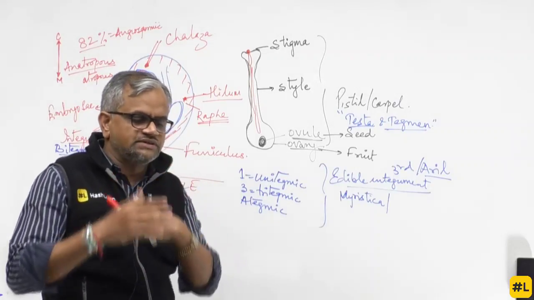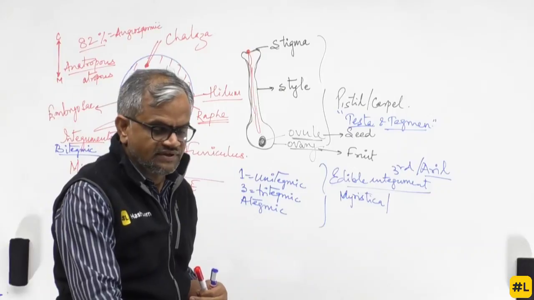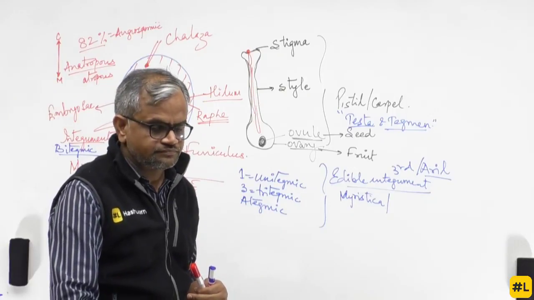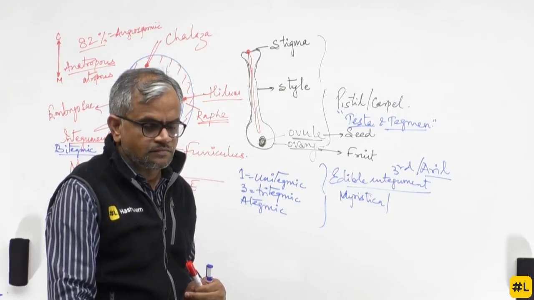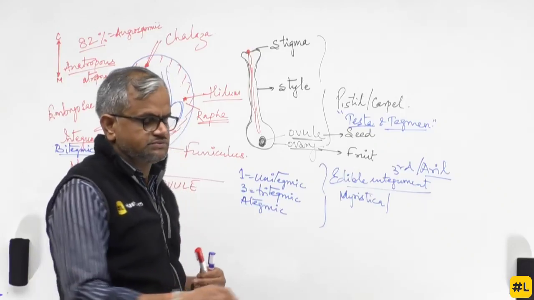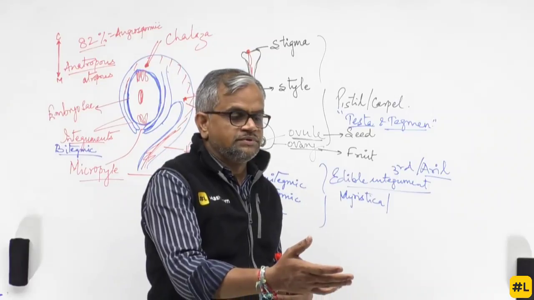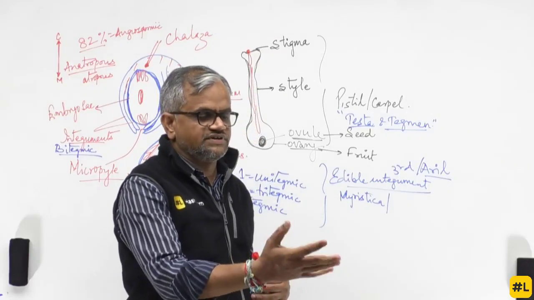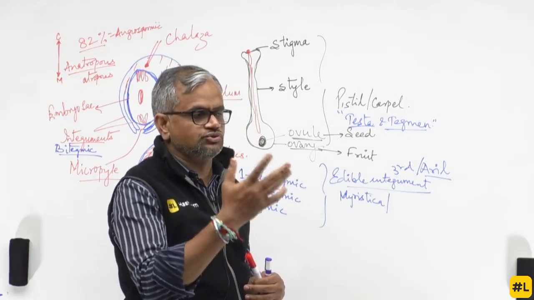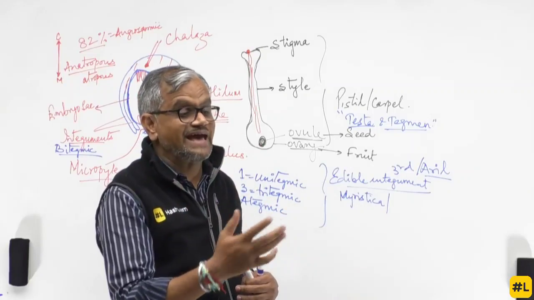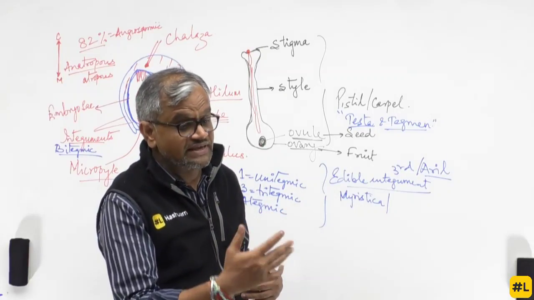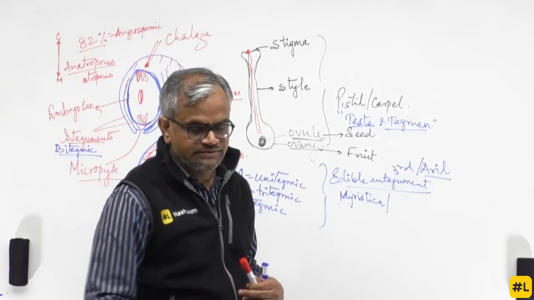That mark is called raphe. Now the question, I think somebody's question was whether it is attached to placenta. Placenta can be attached, right?